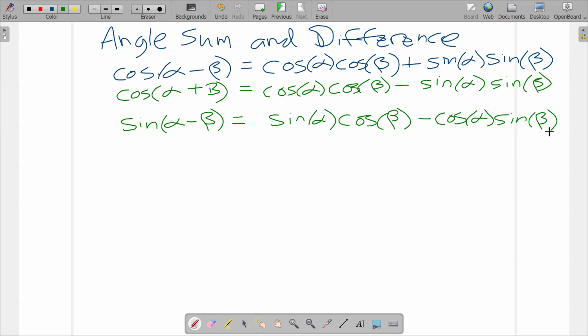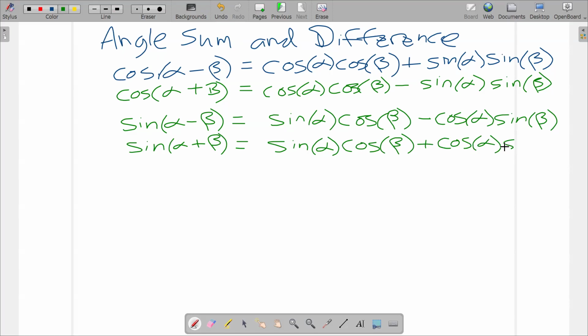If we switch the difference to a sum, we get sine alpha plus beta. It's the sine of alpha, cosine beta, and we just get a plus in the middle. Cosine alpha, sine beta.